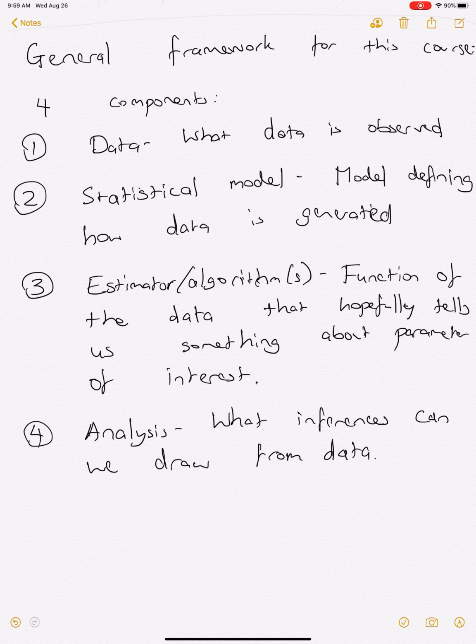The next thing is an estimator or an algorithm or a set of algorithms. This is just a function of the data that hopefully tells us something about our parameter of interest, which we'll talk about shortly. The statistical model also has the parameter of interest. And the final thing is what inferences can we draw from this data.